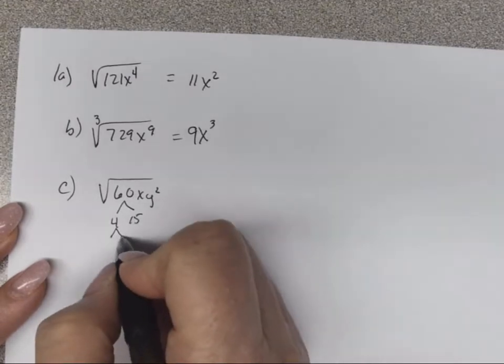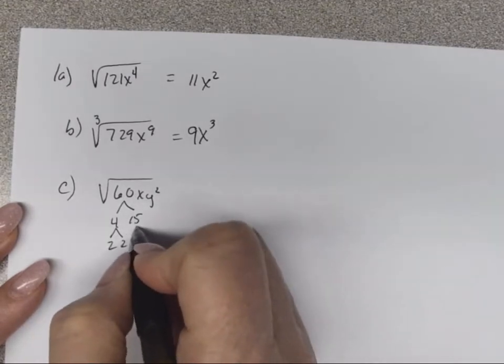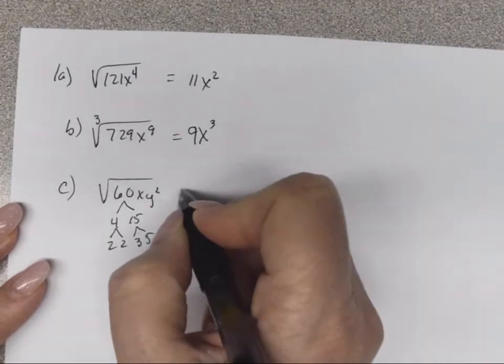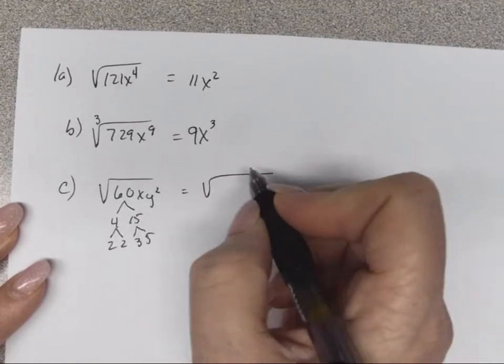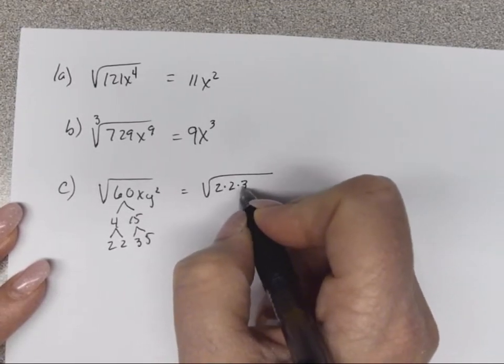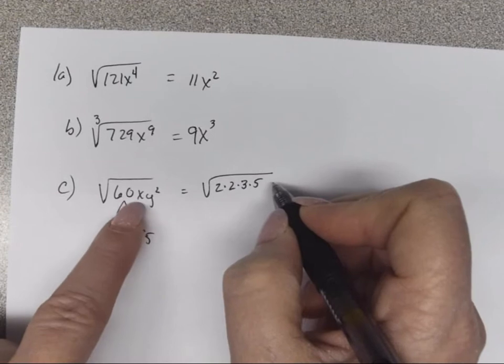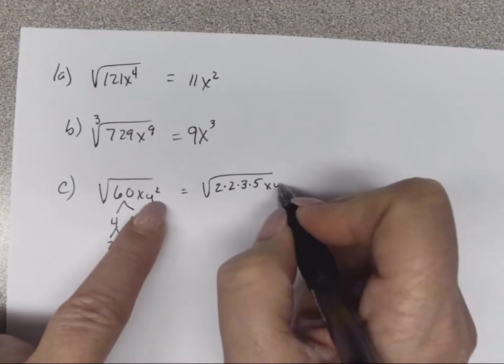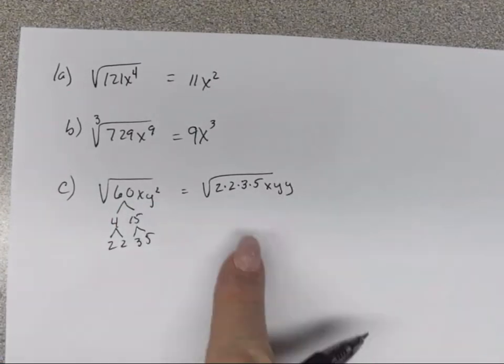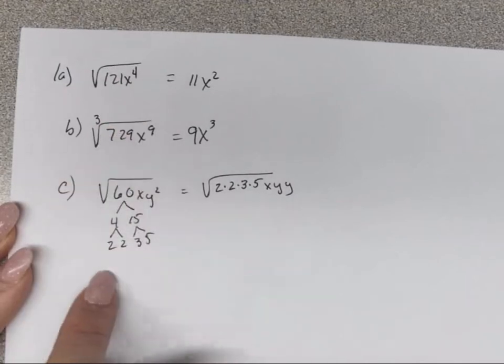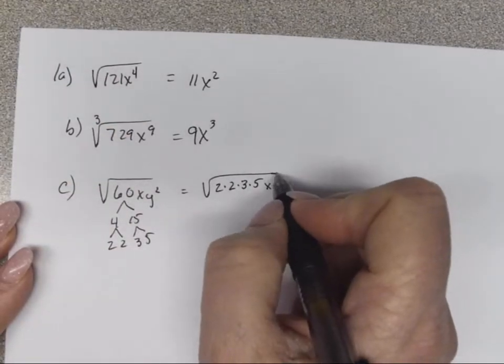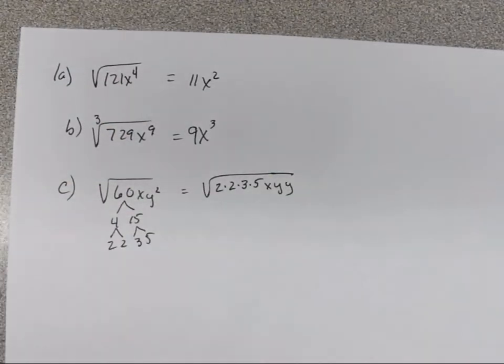It doesn't matter. 4 would be 2 times 2, and 15 would be 3 times 5. So square root of 2 times 2 times 3 times 5, I have 1 x, and I have a y times a y. And you could have done these up here the same way, but because they were perfect squares, I'm letting you know that you can just find that answer.